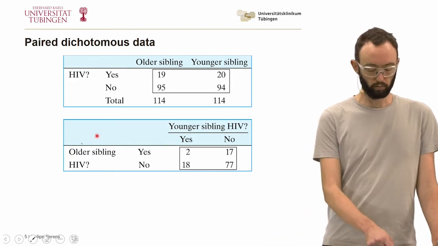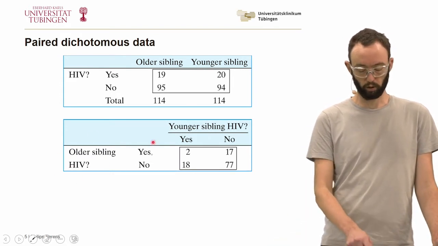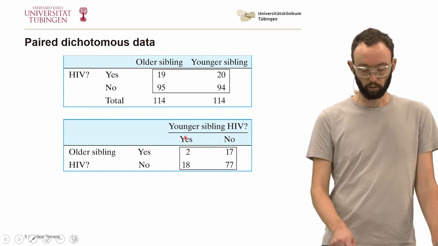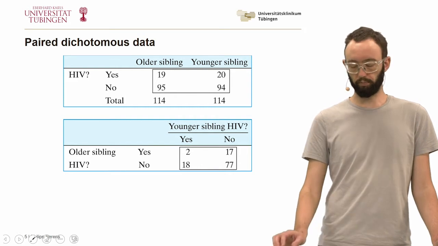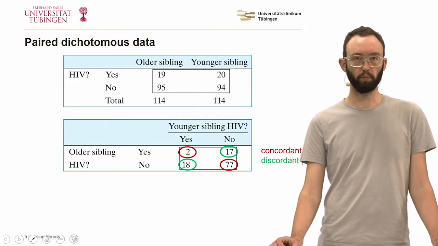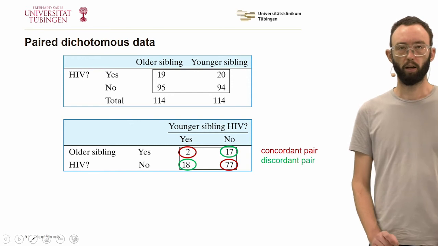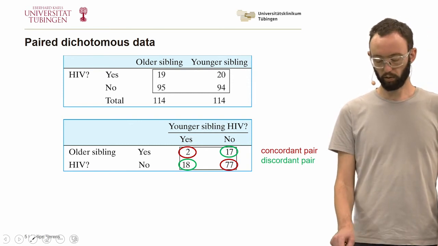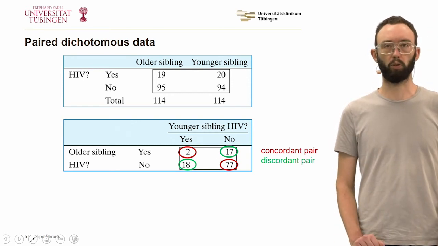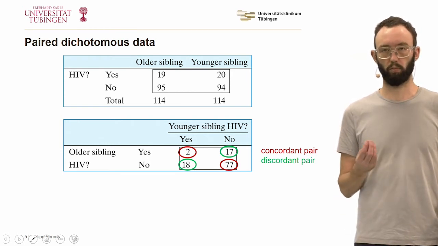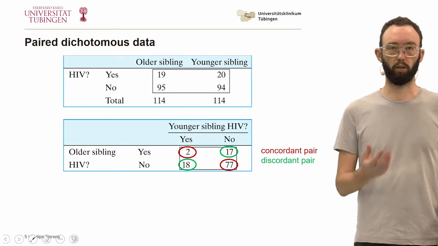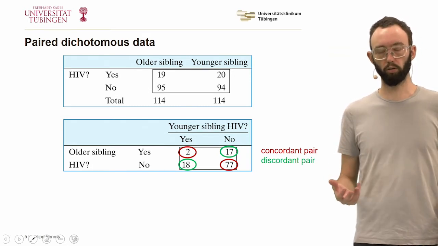We can say, does the older sibling have HIV, yes or no? And does the younger sibling have HIV, yes or no? In this case, these pairs circled in red are also called concordant pairs, because in both individuals in the pair, they either both have HIV or not.